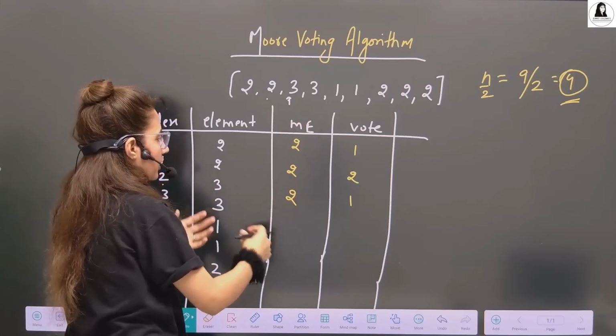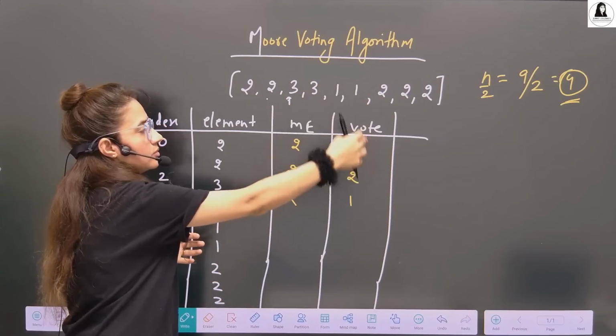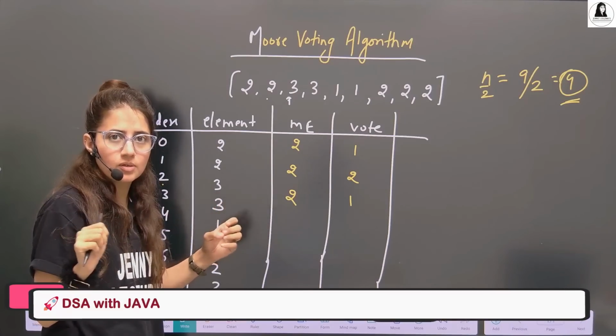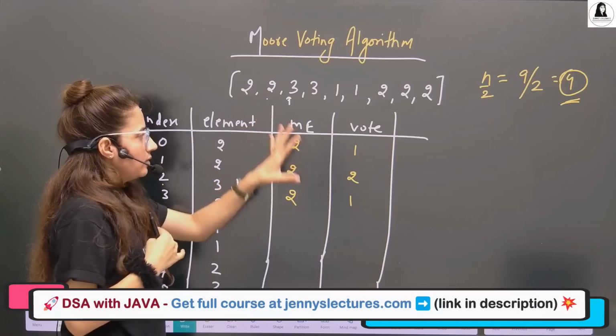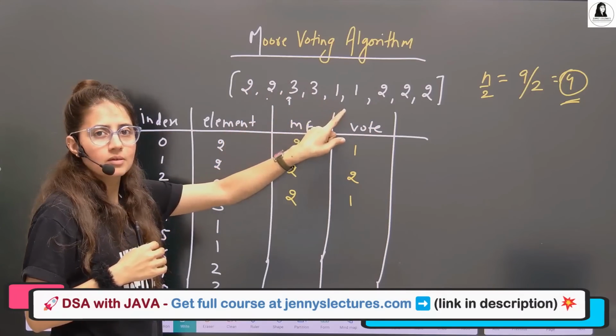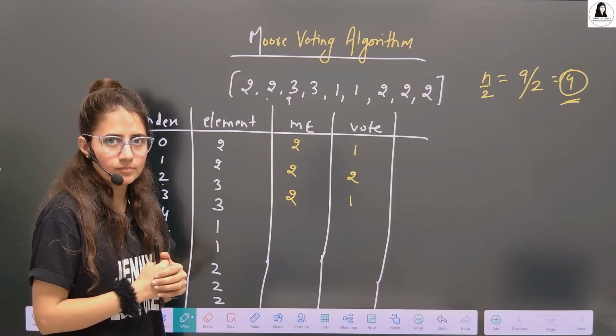That would be a lengthy process, right? We'll take only one count itself. If we get the same element, increase it by 1. If you get a different element, decrease it by 1.